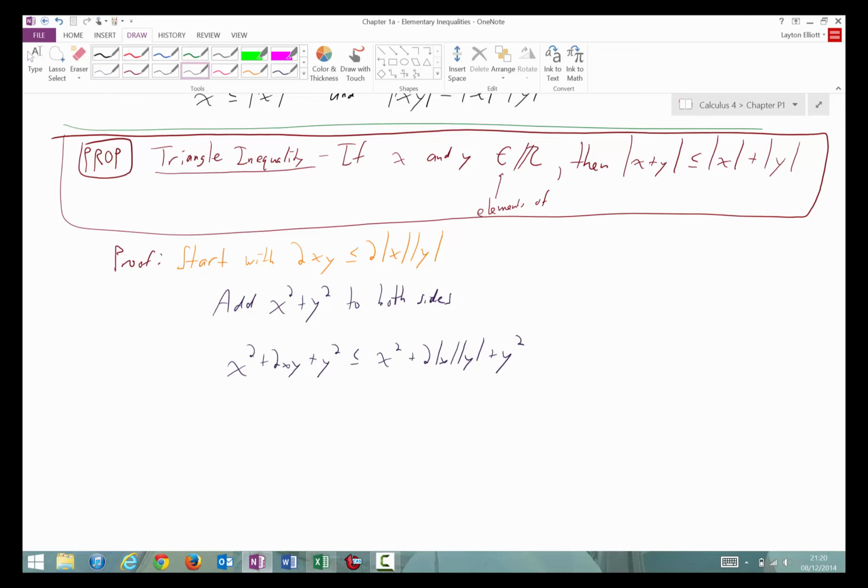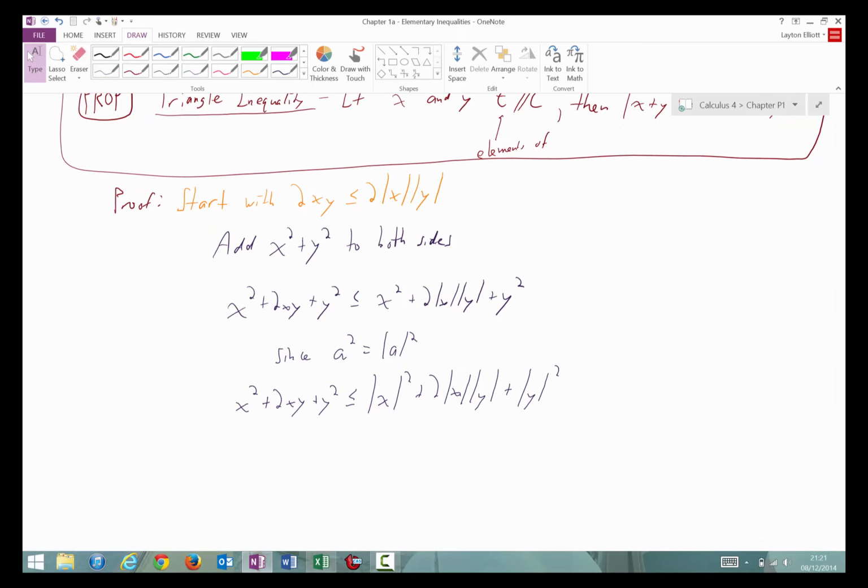And we know that since a squared is equal to the absolute value of a squared, I can just do a simple replacement here and make this x squared plus 2xy plus y squared is less than or equal to the absolute value of x squared plus 2 absolute value of x, absolute value of y, plus absolute value of y squared.